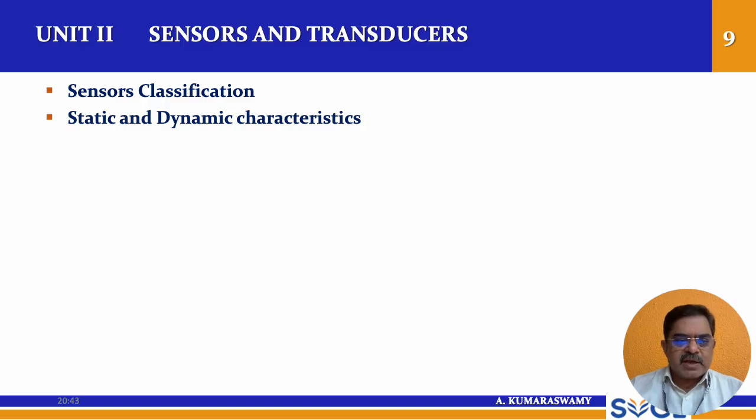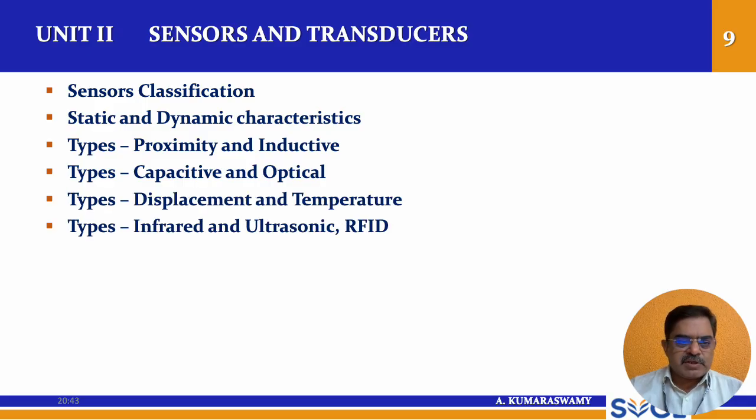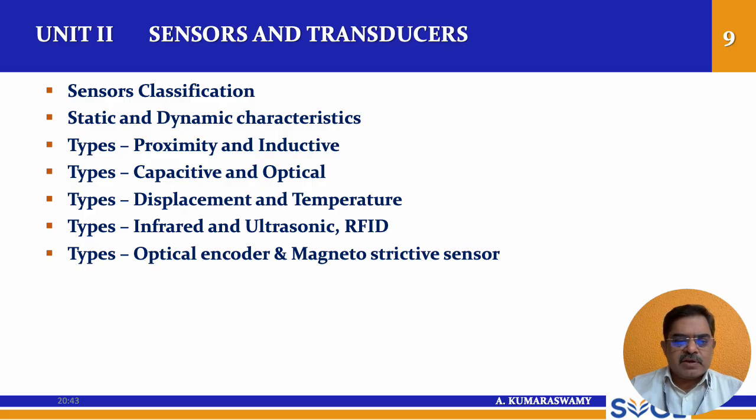We classified them into proximity and inductive type, capacitive and optical type, displacement and temperature type, infrared and ultrasonic. Also we have discussed RFID type of sensors, optical encoder, and magnetostrictive sensor. This also we have discussed in our regular classes.